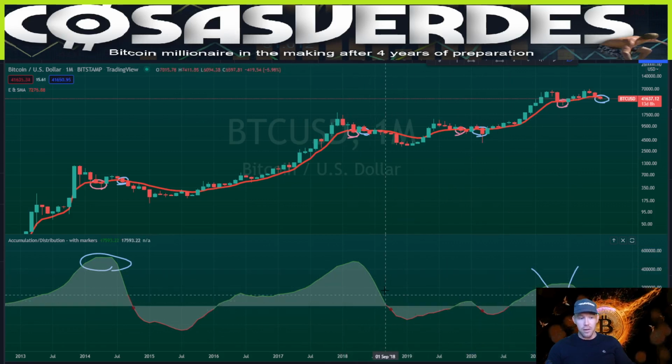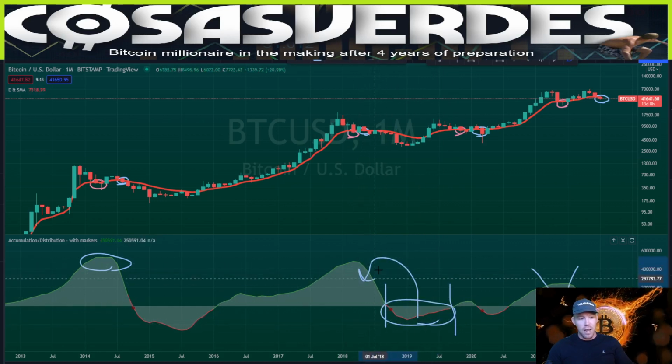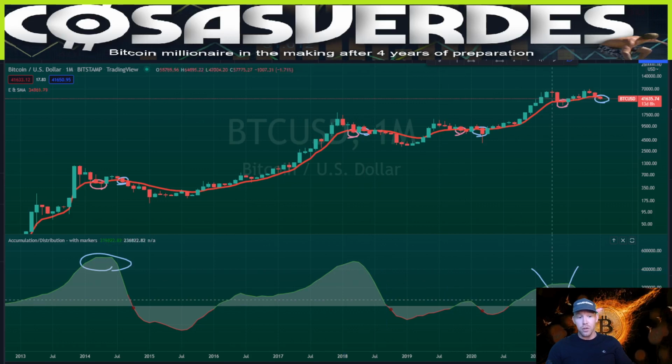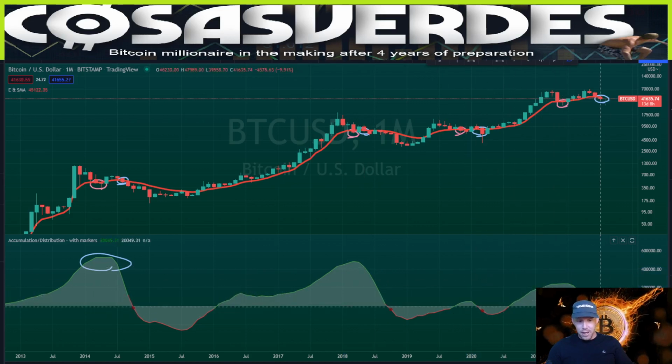So I guess the ratio is linear, or how long it spends below this line is relative to how big this hump got, essentially. So now that this hump got bigger than that hump, I would fully expect that price, or at least this indicator, is going to spend more time below this neutral line than what happened here, right?